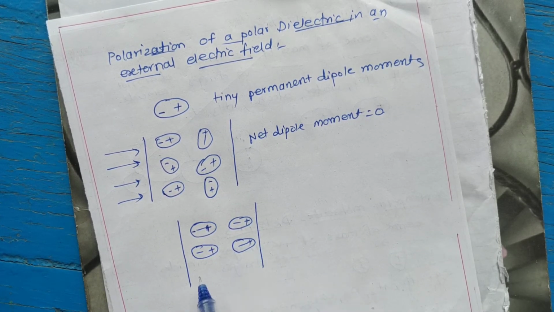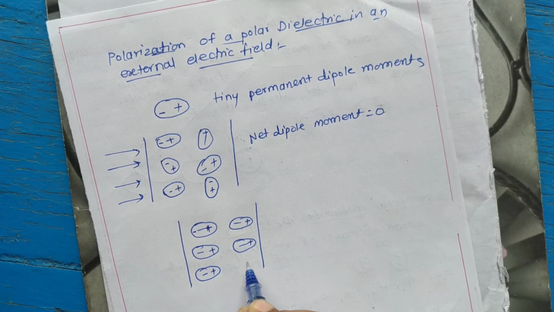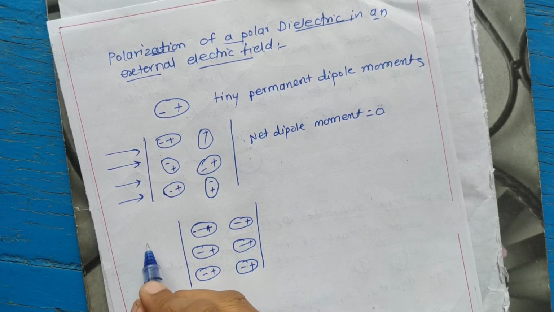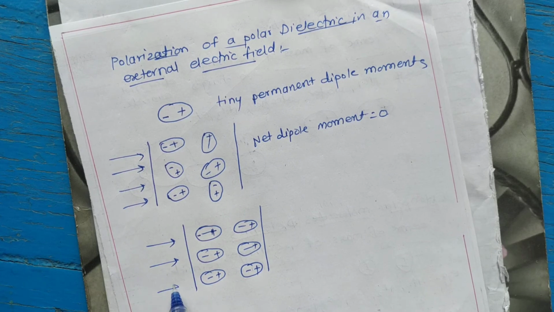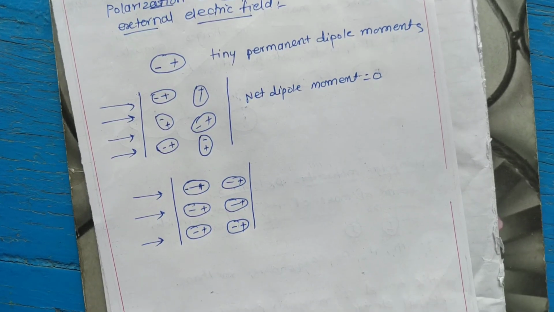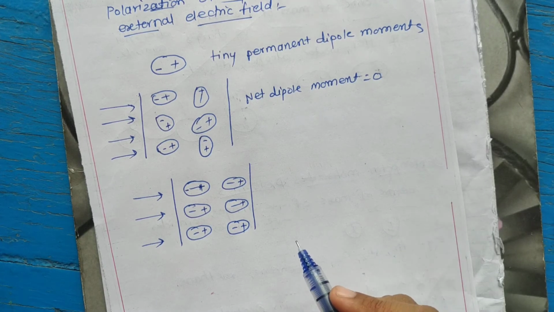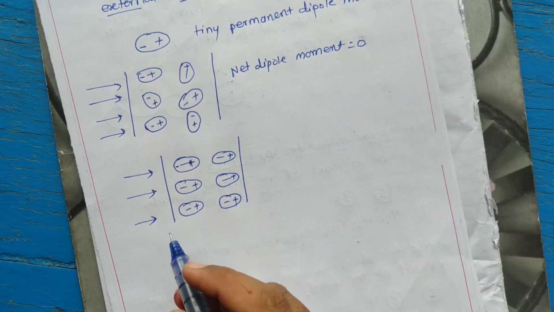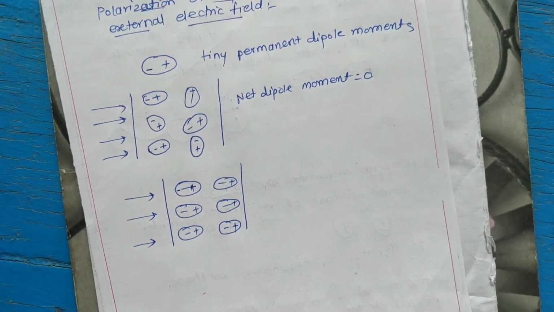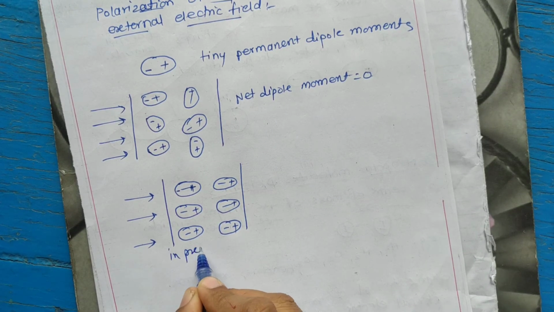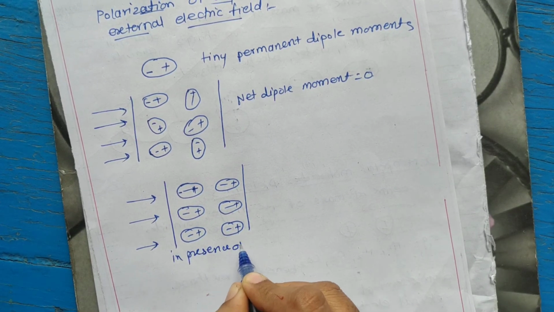That means these dipole moments are aligned. When the electric field is applied, the dielectric will show a dipole moment. Hence, such a dielectric is polarized in the presence of the electric field.